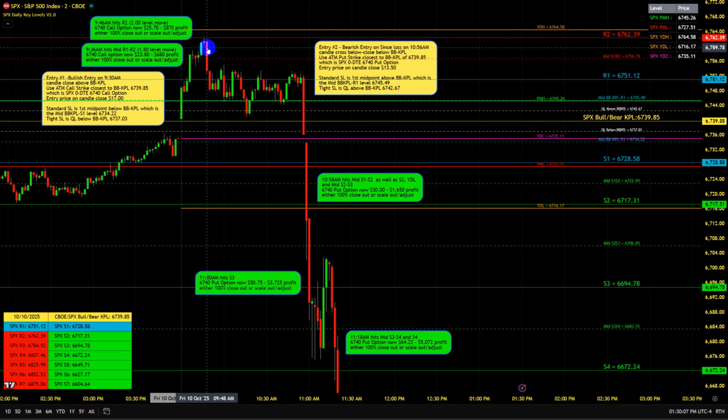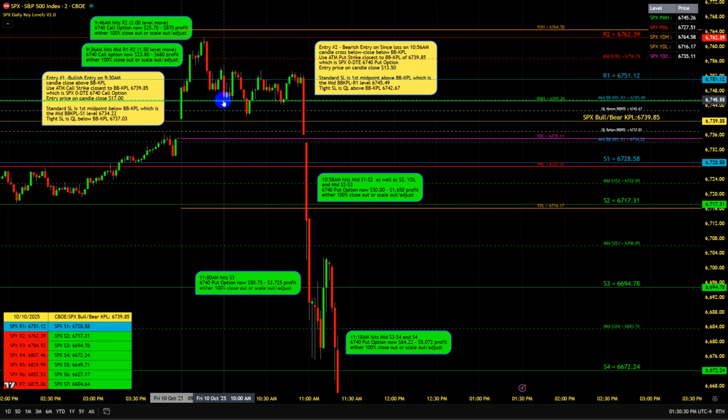And remember, as we discussed, a 2-level move is the ideal level for making this adjustment, although the minimum that you can do it at would be the minimum 1.5 level move. So that's really up to each trader to decide for themselves if they're just happy with a 1.5 level move or they prefer a 2 level move.